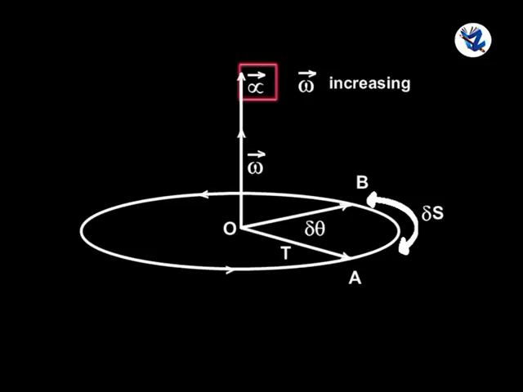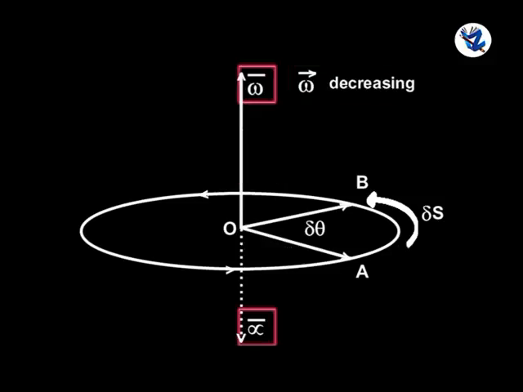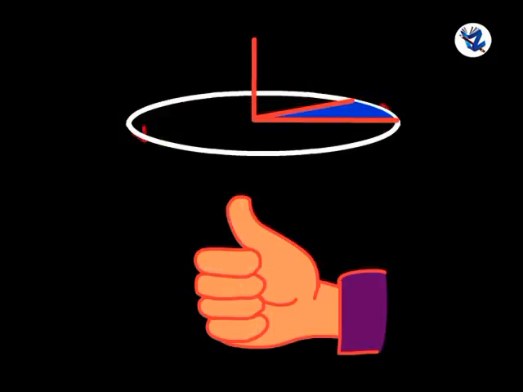The direction of angular acceleration is the same as that of angular velocity if omega bar is increasing and it is opposite to that of omega bar if omega bar is decreasing. It is represented in magnitude and direction by using the right hand rule.